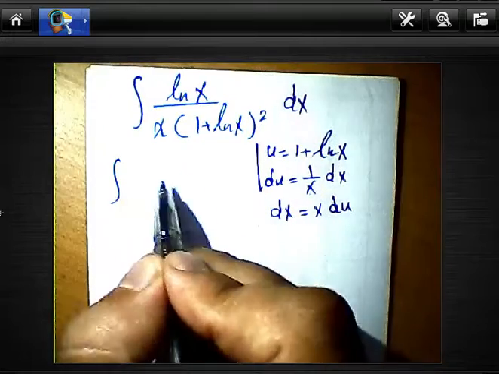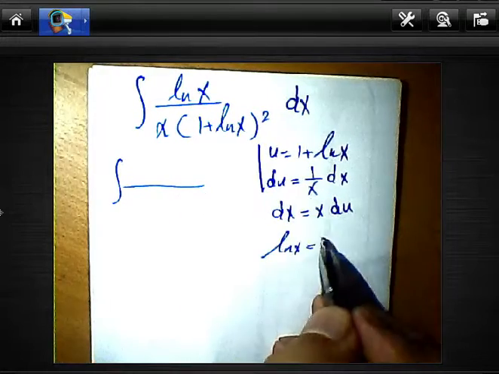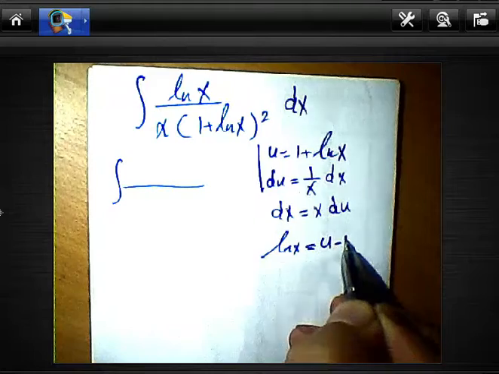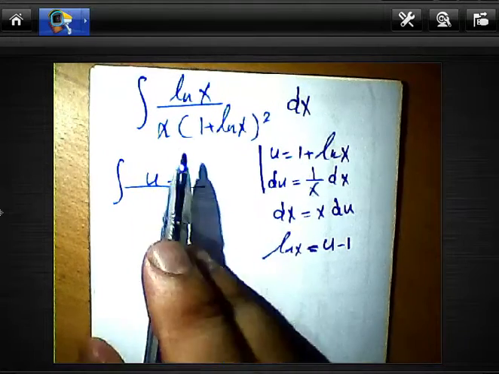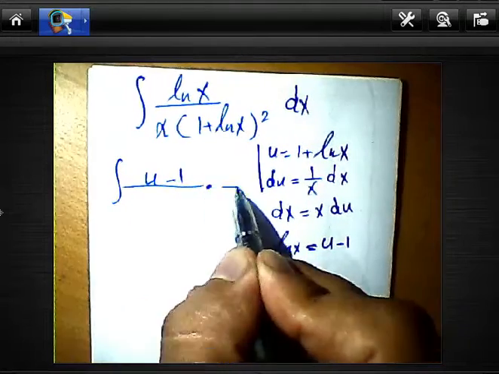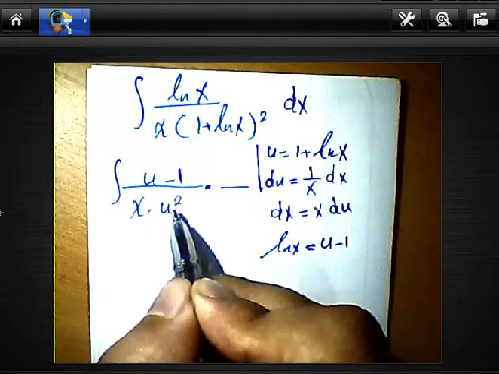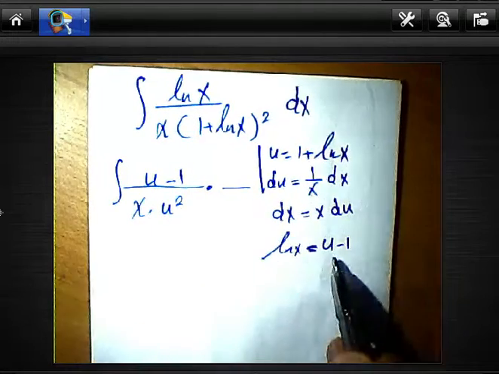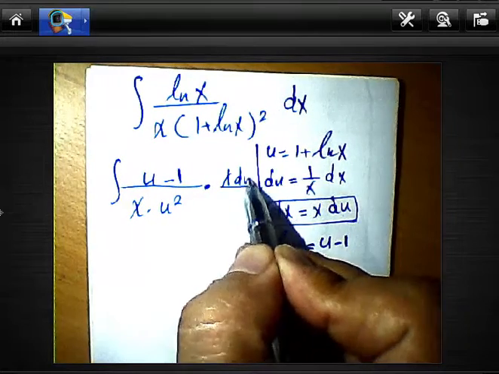Okay, in this example, we can write ln x equal u minus 1, over x, multiply u^2, multiply by dx. dx equal x du.